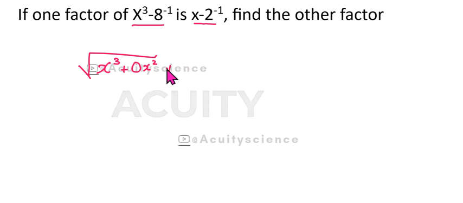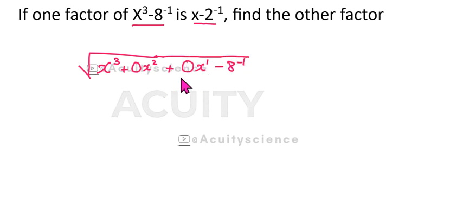And then for x raised to power 1, let's have 0, since it's not there. Then our constant, minus 8 raised to power minus 1. Now, this does not change our question in any way.